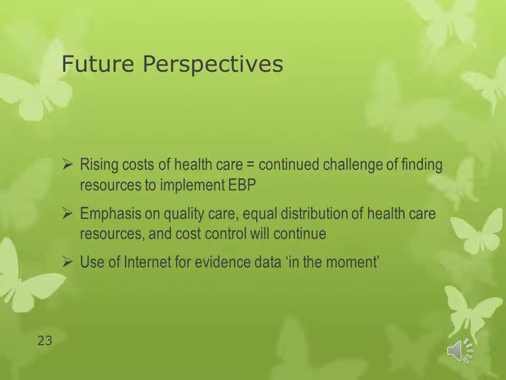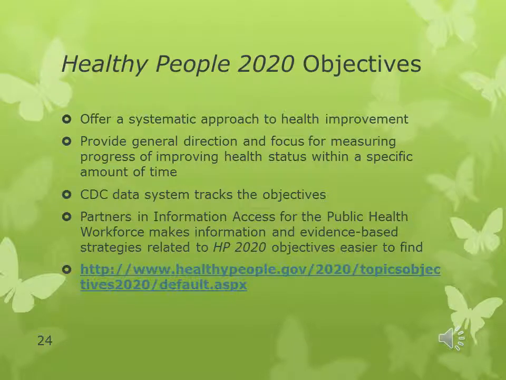One of the strongest resources that we have is the Healthy People 2020 work that is being done. This is definitely a systematic approach to health improvement. It's based on research, and more than nursing alone has been involved in this. It really does provide a nice overview of our nation as a whole.